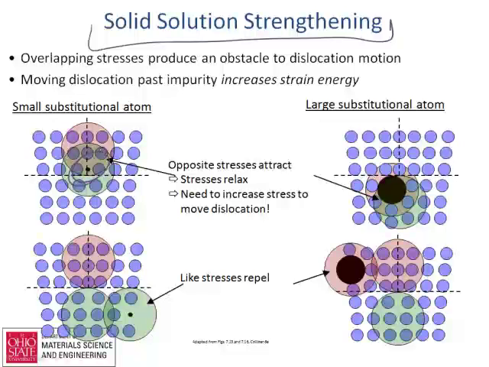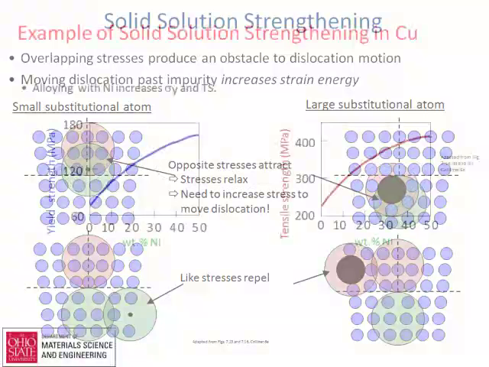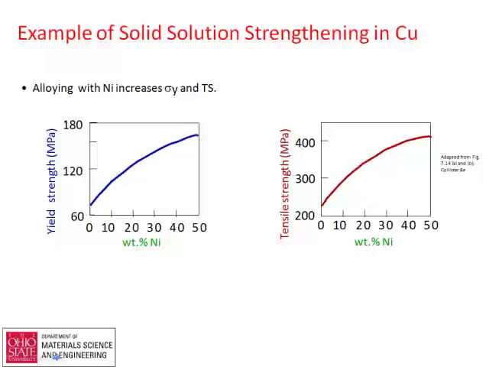Again, small solutes tend to sit in locations like that, and because these opposite stresses attract, large substitutional atoms will sit at locations like that, and that reduces the total strain energy of the system, and it creates an attraction between this dislocation line and these solutes. So extra stress is required to move the dislocation away. So this is what we end up seeing.